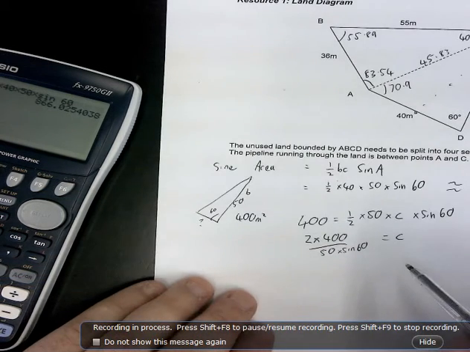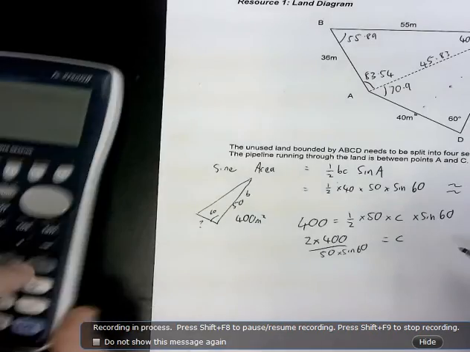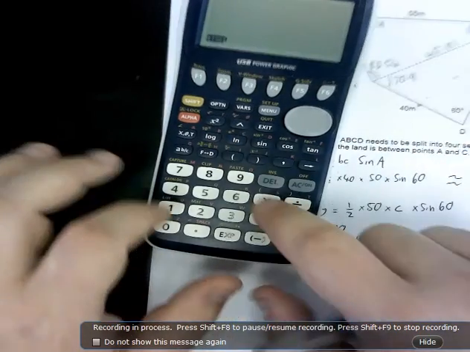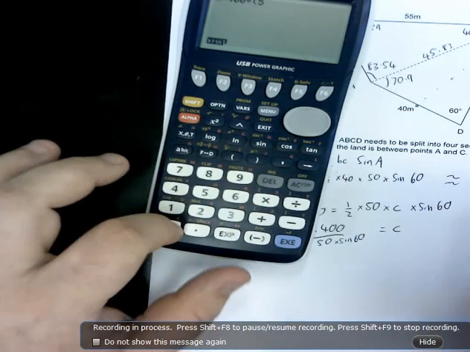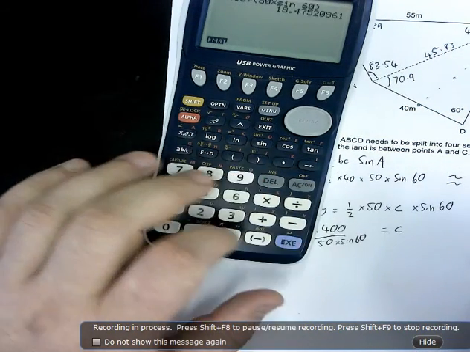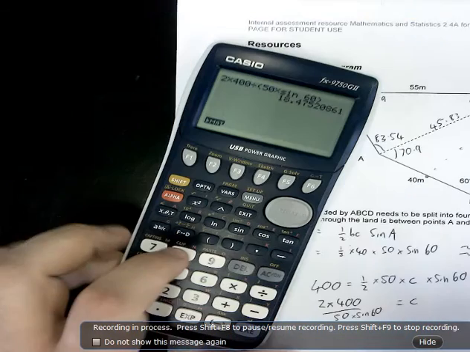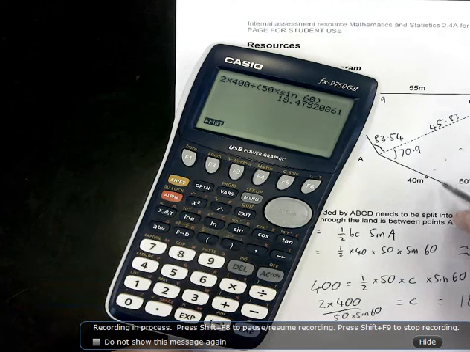So that leaves me with the answer side C equals 18.48 meters. So that's this distance here.